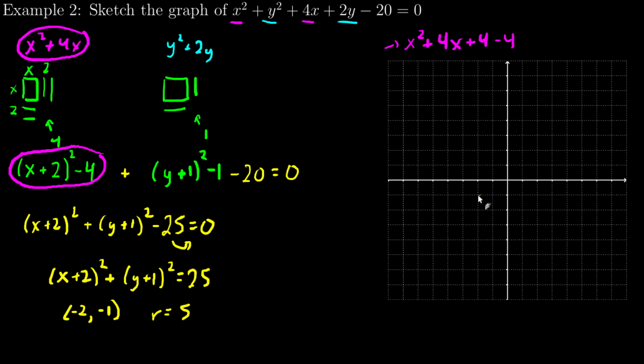So negative 2, negative 1, and then 5 in each direction: 1, 2, 3, 4, 5, and draw the circle.